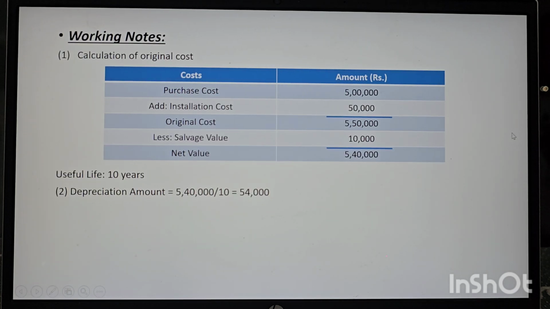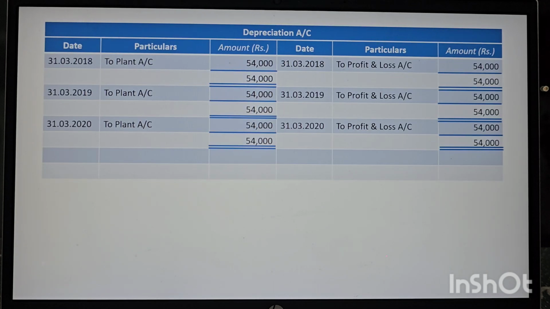So this is a very basic example of how the straight line method of depreciation is done. There could be multiple add-ons in the sum, where new machinery is purchased within the year, and also there might be some existing assets being sold off, and all those kinds of transactions and workings are to be done.